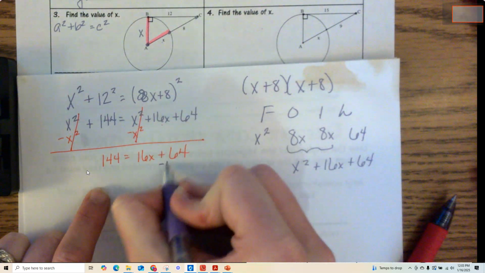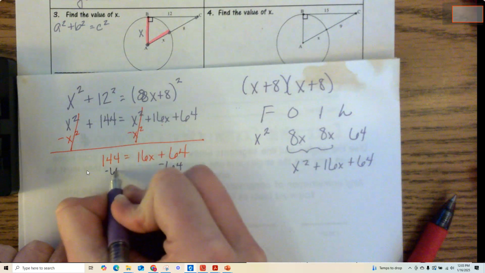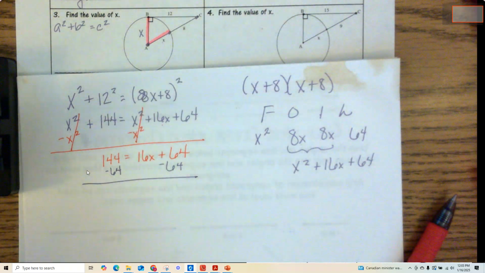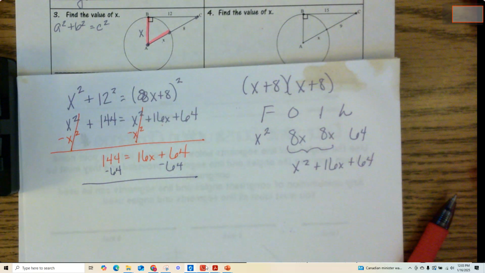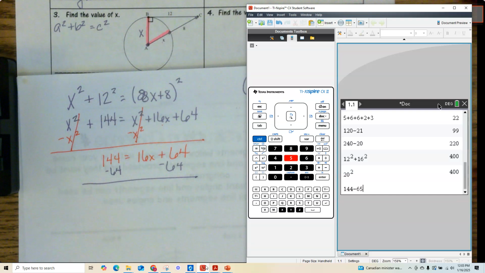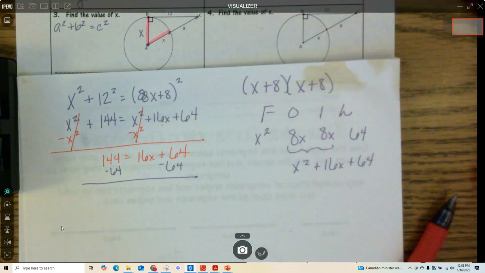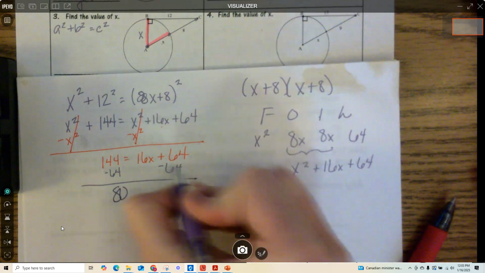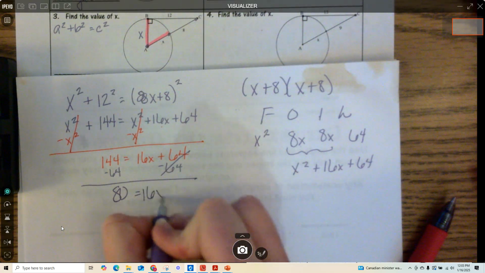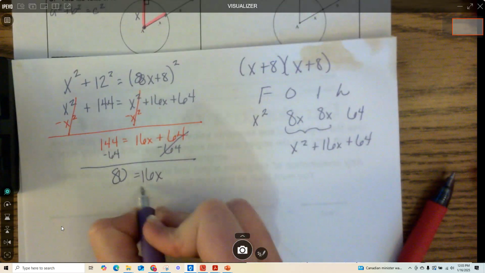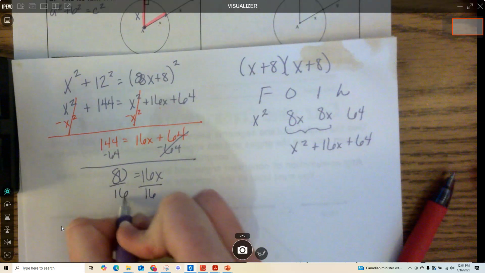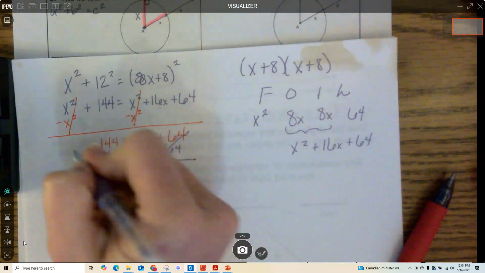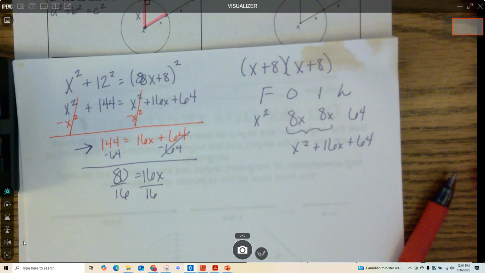Okay? I'm going to do it by hand just for the sake of doing it by hand. What is that? 80? 144 minus 64? Yeah. 80. So that cancels. And then I divide both sides by 16. Again, this equation you can now stick into Menu 3.1.